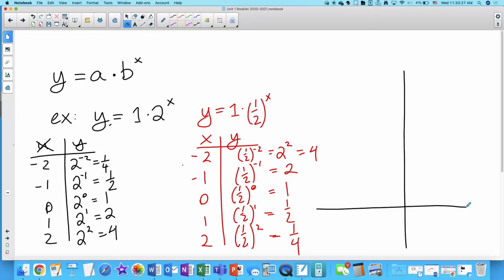So what we end up getting: here when x is -2, y is 1/4. Here it's a half. Here it's 1. Here it's 2. And here it's 4. So this looks like this.